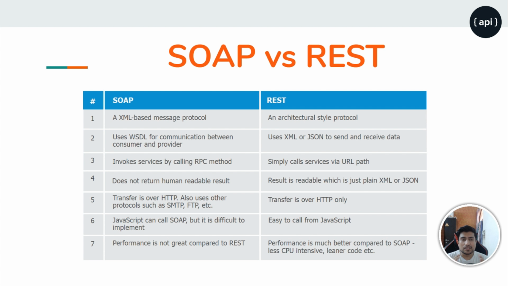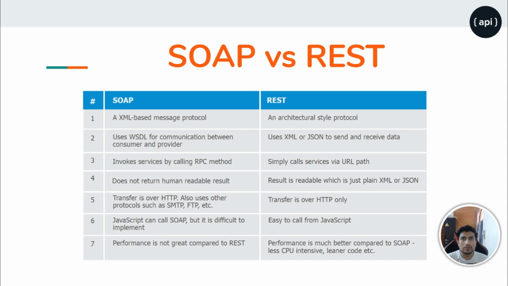REST is similar to the design pattern of an API with six constraints, whereas SOAP is just a messaging protocol between client and server, right? SOAP follows the WSDL, the Web Services Definition Language, where you have a certain language to communicate with your server. But in REST you can use XML or JSON to send and receive data, right?